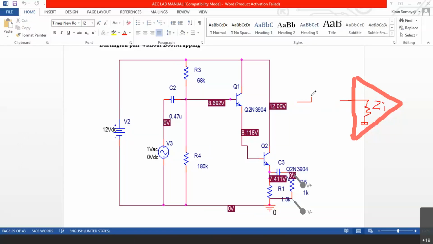Outside the amplifier, you should connect one decade resistance box and you have to apply input voltage. Let us say you apply an input voltage of 1 volt at the input.